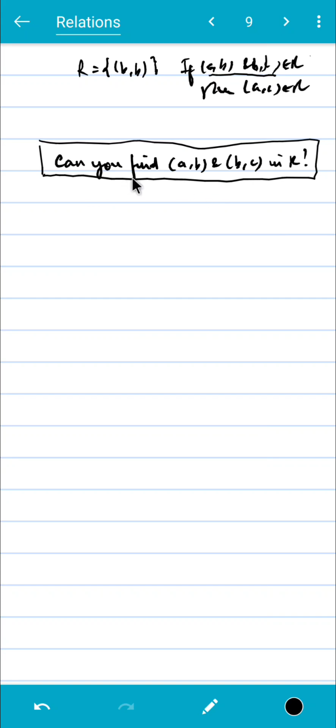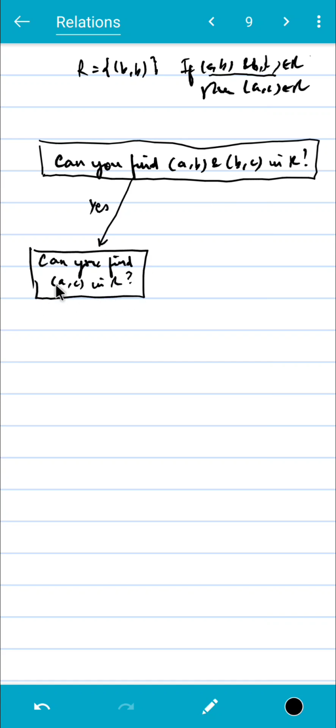If yes, then you need to find, can you find an (A, C) in R? With the same (A, B) and (B, C), can you find the (A, C) that results from those in R? Suppose you cannot find it, suppose no, that means the rule has been broken, so it is not transitive.